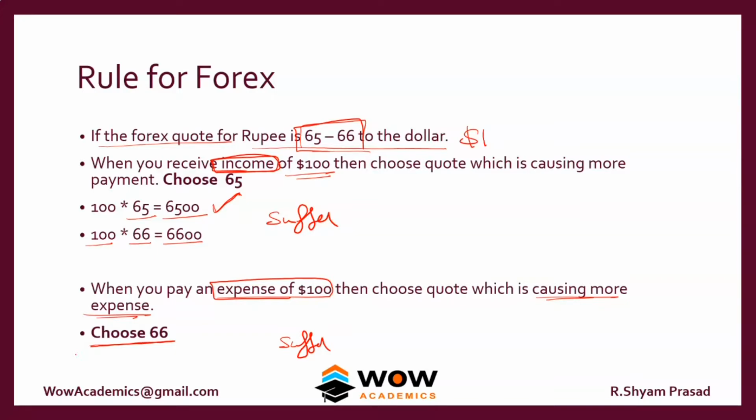When you want $100, they will ask you to pay 6,600 because the difference between the two numbers is the bank's forex profit. For them to earn a profit, that's why they have a parity like this. So remember: whenever you get an income, you get a lower income. Whenever you pay, you pay a higher payment. That's how the rule for forex works. So you are always at a loss.